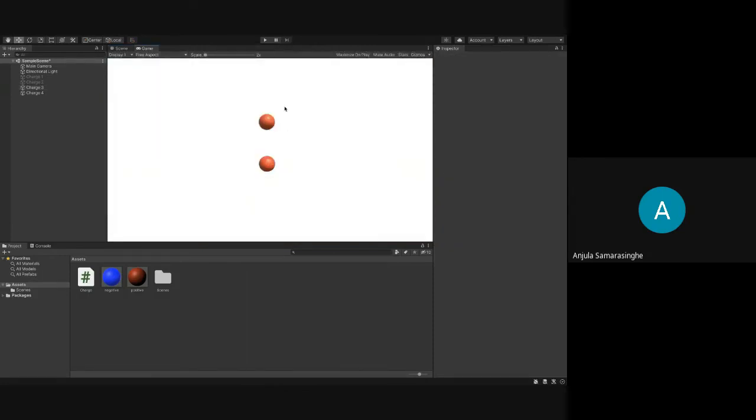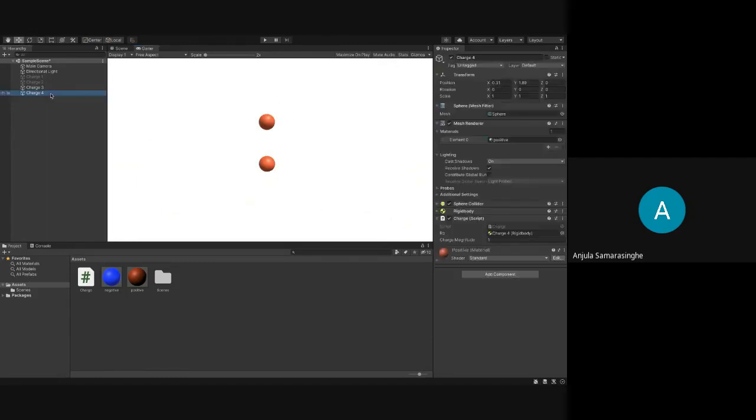I'm going to run the simulation. The same should happen for this one as well, because both of them are positive charges, and each of them has a magnitude of 1 Coulomb. As you can see, just like before, both of them are getting away from each other.